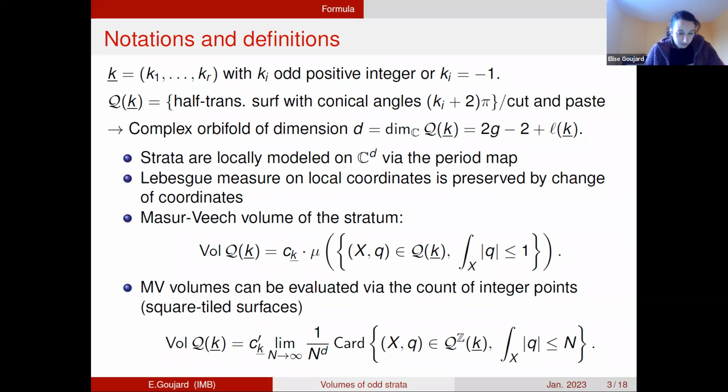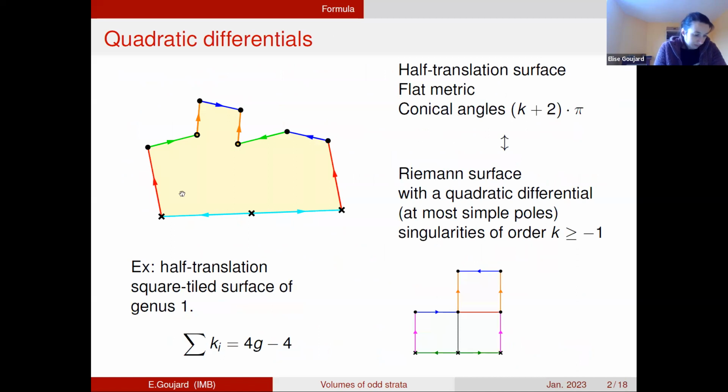The local coordinates, you can think of them, if I consider the model as polygon, as the sides of these polygons as complex numbers.